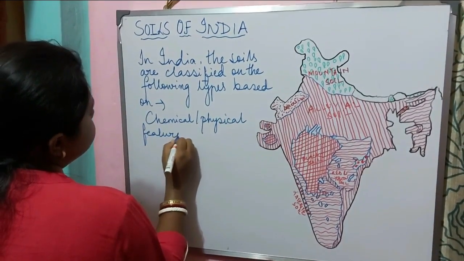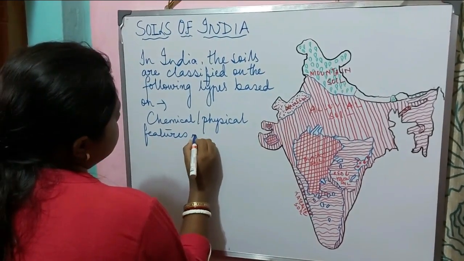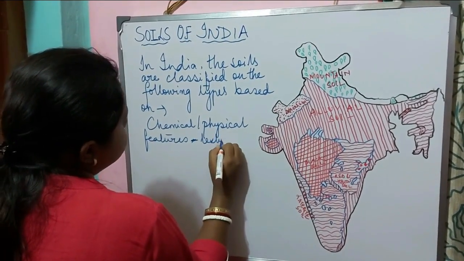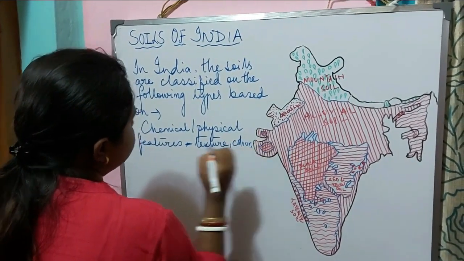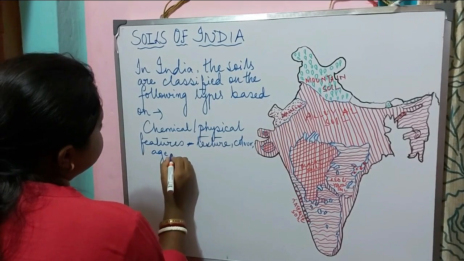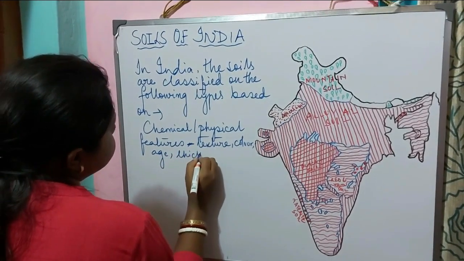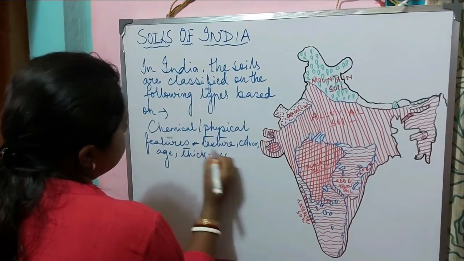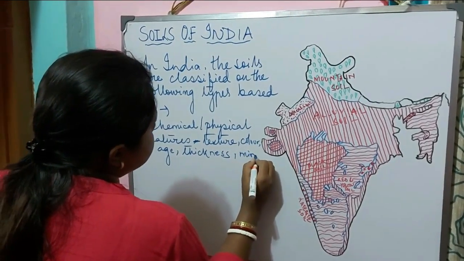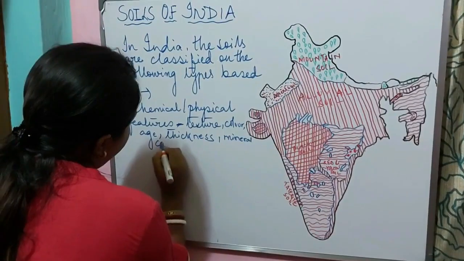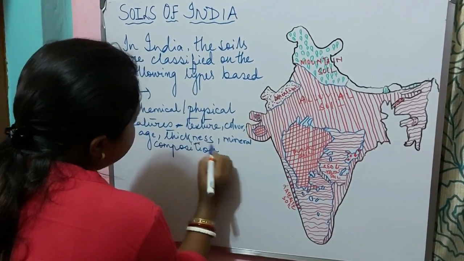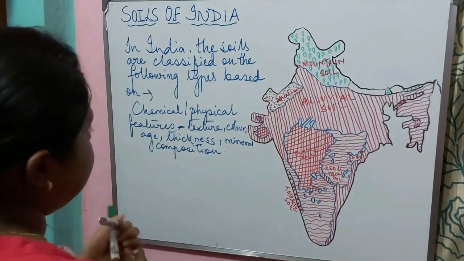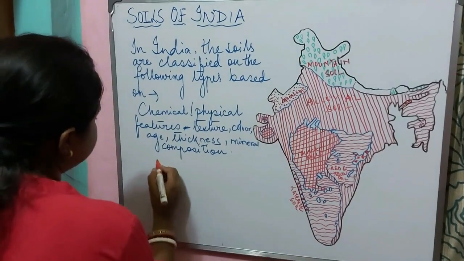What are those? Texture, color, age of the soil, thickness, mineral composition. So, on the basis of these features, the soils in India are divided into 6 types.